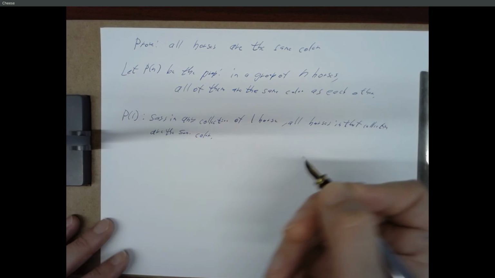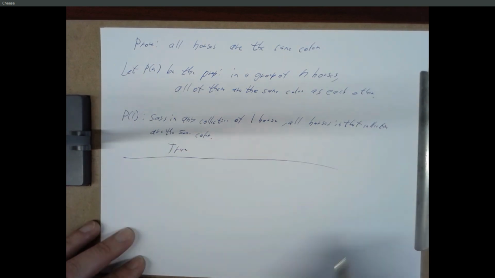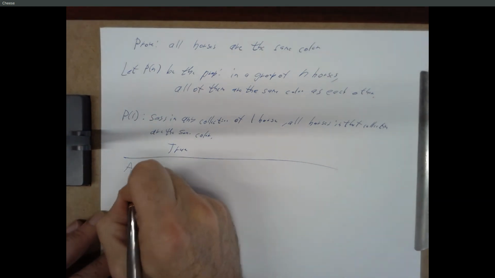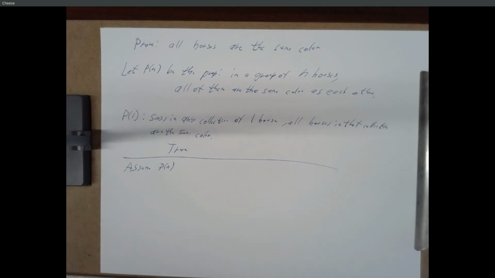And since there's only 1 horse in that collection and it's the same color as itself, this is trivially true. Okay, so assume P of n. Assume that given n horses, they're always the same color as each other.